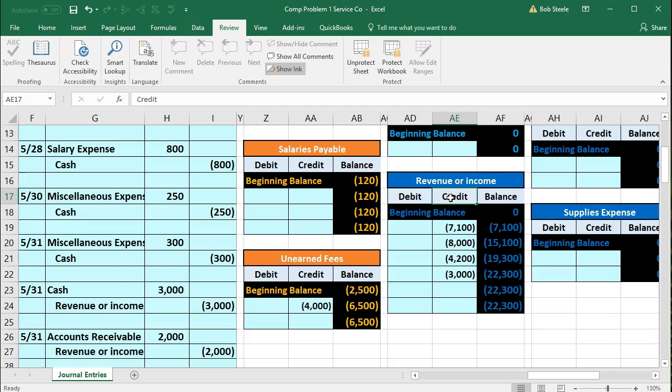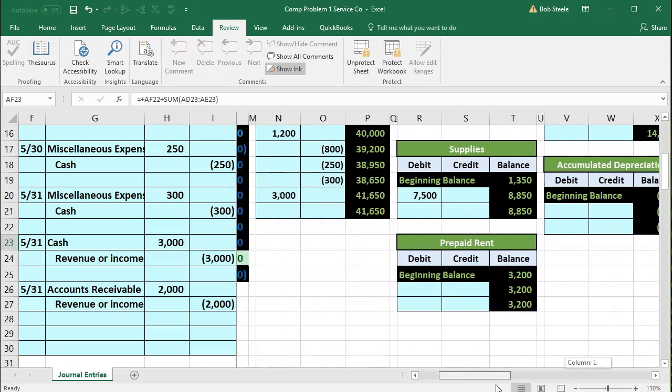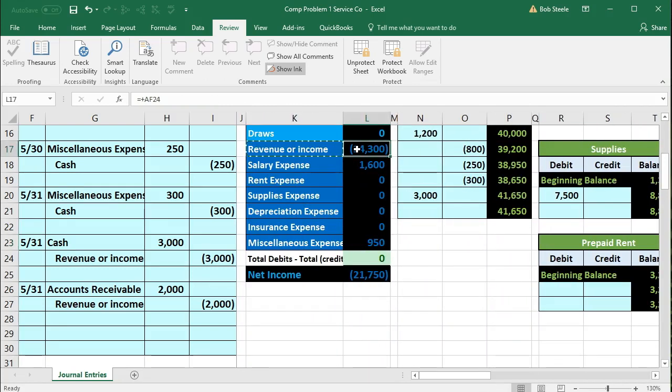We're on the credit side, as always, when recording revenue. We are in cell AE23. AE23 equals, pointing to this 2,000, that's going to bring this 22,300 balance up in the credit direction by 2,000 to 24,300. That number also reported on the trial balance, 24,300.